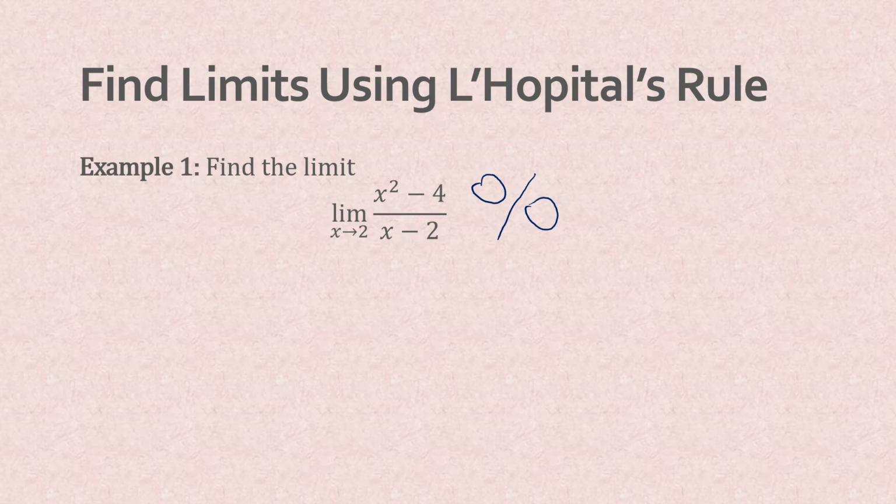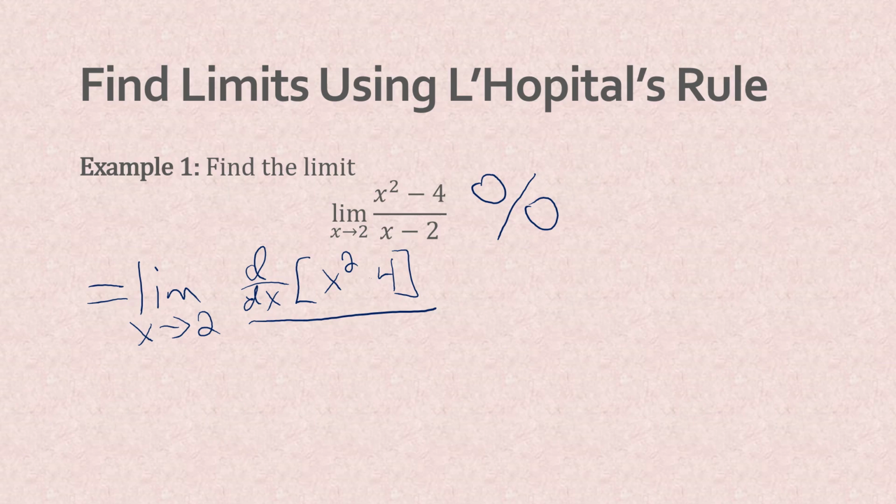So if we apply L'Hopital's rule, it says that this limit should be the same as if we differentiate the numerator, x squared minus 4, over the derivative of the denominator, x minus 2.